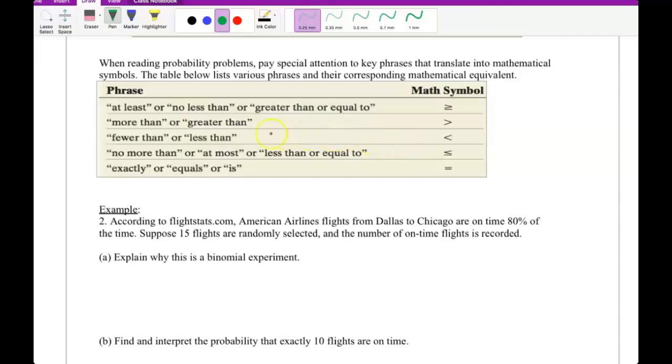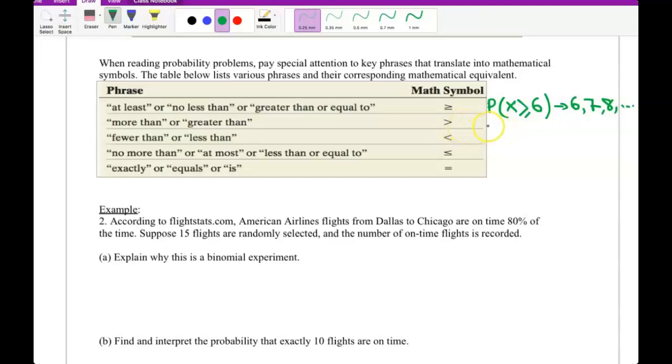Okay, now on this part we have at least, what that means is no less than, or greater than or equal to, and this is the maximum for it. For example, if we had probability of x greater than or equal to 6, we need to consider the numbers for x starting from 6, then 7, 8 to infinity.